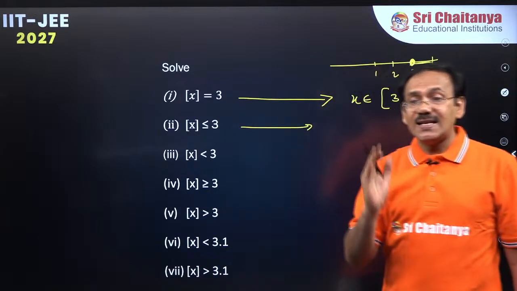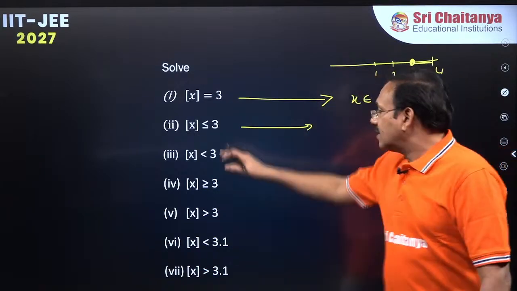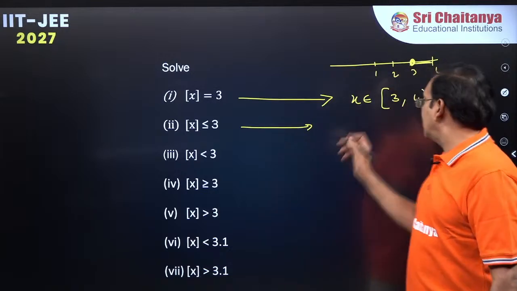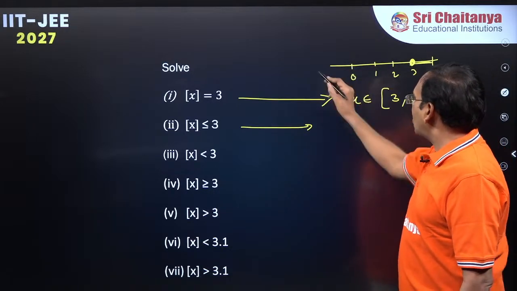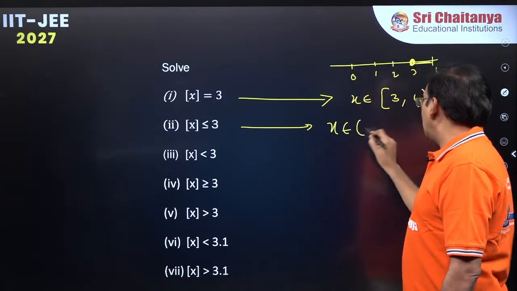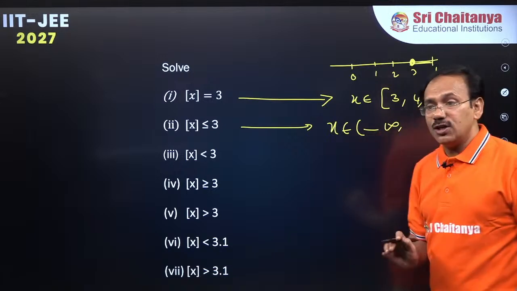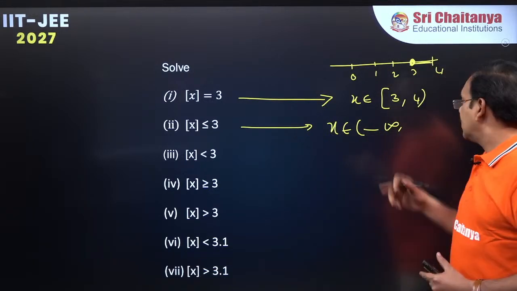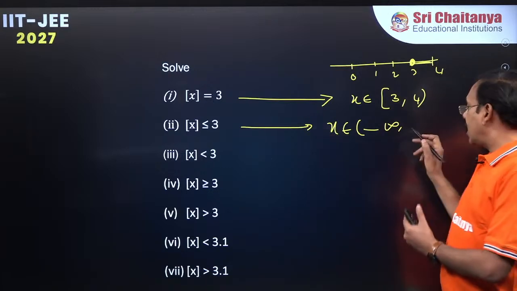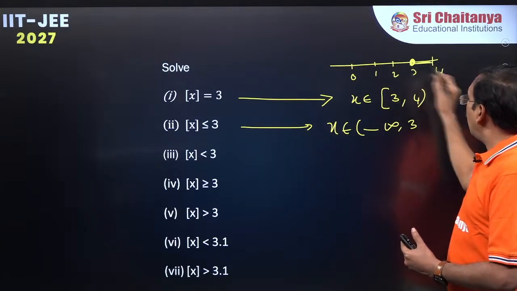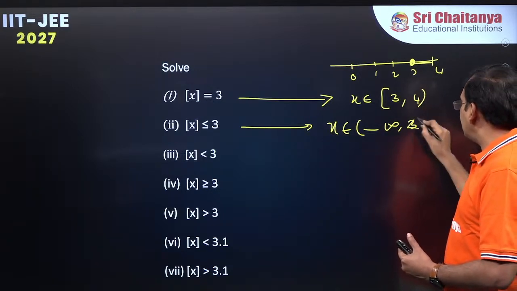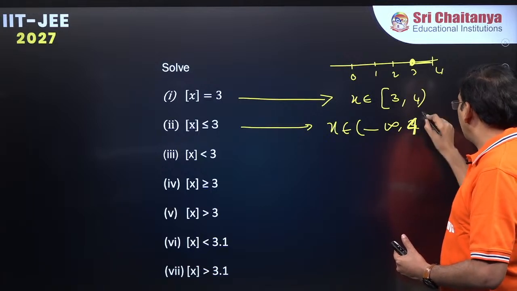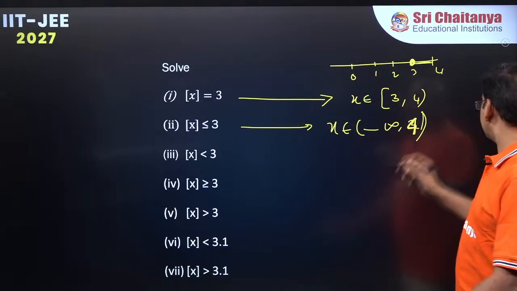Step x less than or equal to 3. Come on. Step x value less than or equal to 3 means, why can't I take all real numbers from minus infinity to step value 3? Step value 3 means don't take up to 3. You can go up to 3.99, so you have to write open 4, dear students.